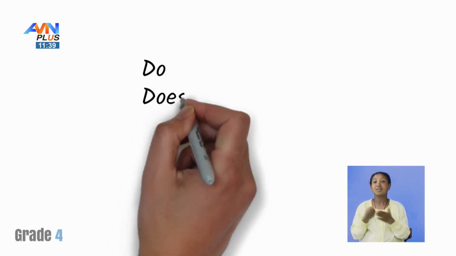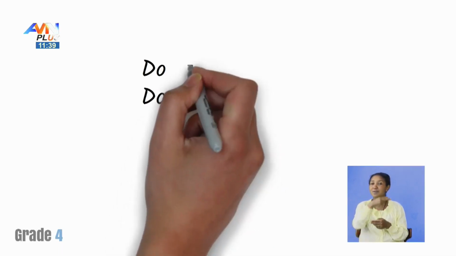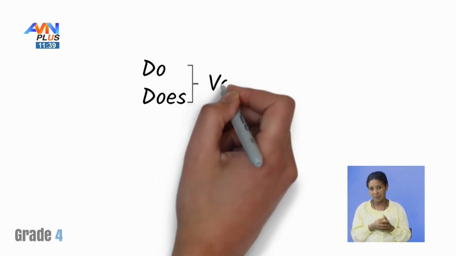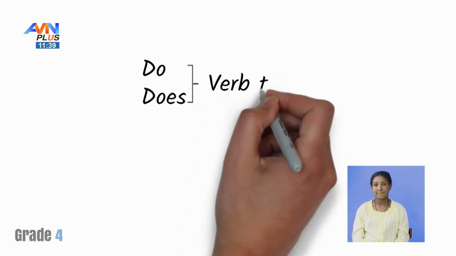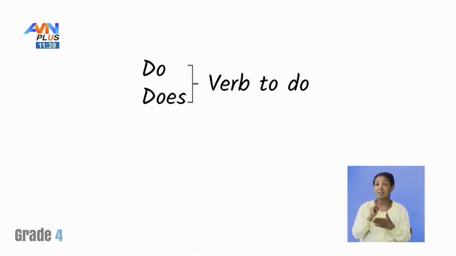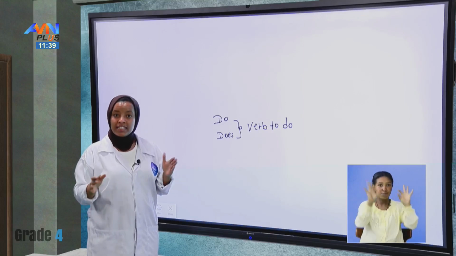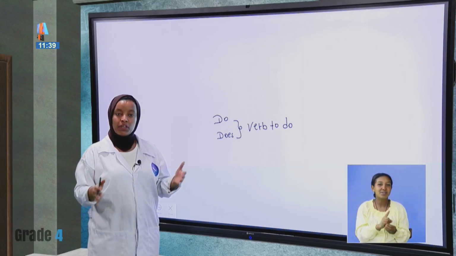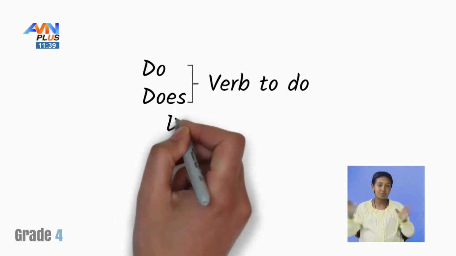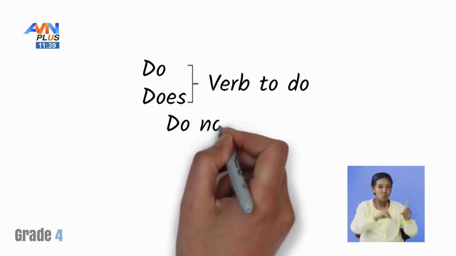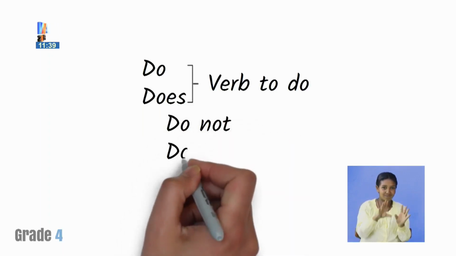These are called verb to do. And we can use the negative form, easily adding what? Not. Do not. And also does not.